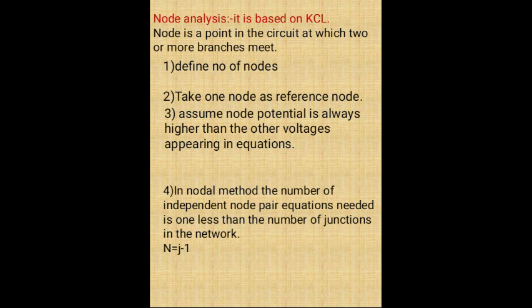Point 4: in the nodal method, the number of independent node-pair equations needed is 1 less than the number of junctions in the network. It means if there are J junctions in the network, the number of nodal equations will be 1 less, that is J minus 1.